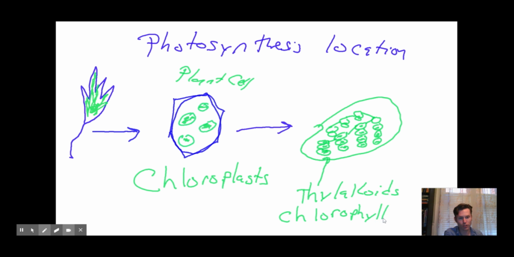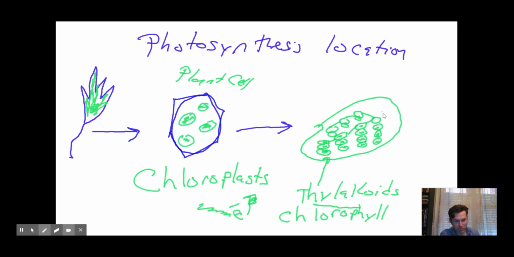Now, chlorophyll's shape allows it to catch the energy from the sunlight because within its structure there is an electron that, when the sunlight hits it, gets excited and moves faster. And that's how it's harnessing the energy. So the increased speed of the electron is the higher energy state, and that's how we're transferring energy from sunlight into something physical. So the thylakoids, these green stacks, are where the light reactions are occurring.